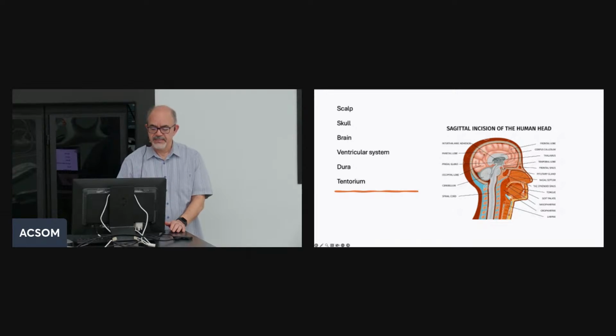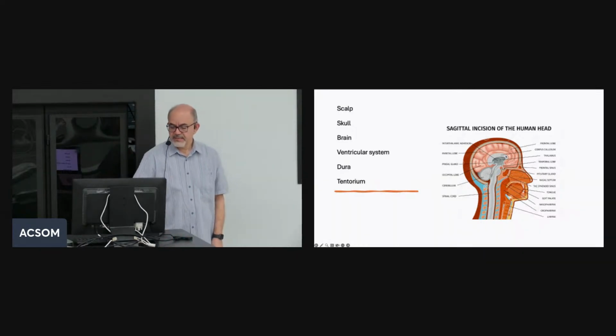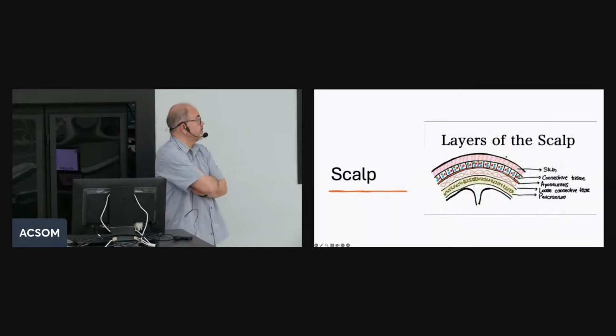Then we have the brain. The brain has three parts: the cerebrum, cerebellum, and brainstem. Then we have the ventricular system, dura, and tentorium. Let's go through these one by one.